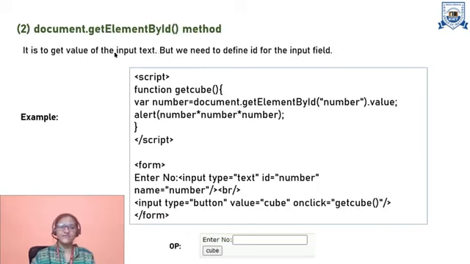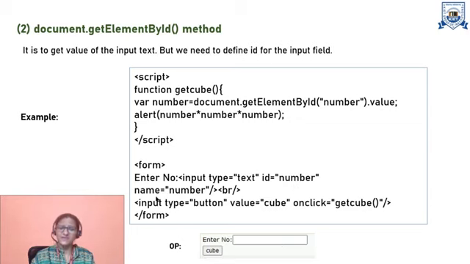Next, getElementById. It is used to get the value of the input text, but we need to define an ID for the input field first. So here in the form, enter number, input type equal to text. We have created a text box, and before that text box the statement enter number will be placed. We have given an ID to this text box, and the ID is number.